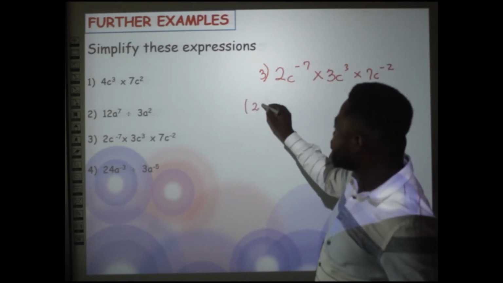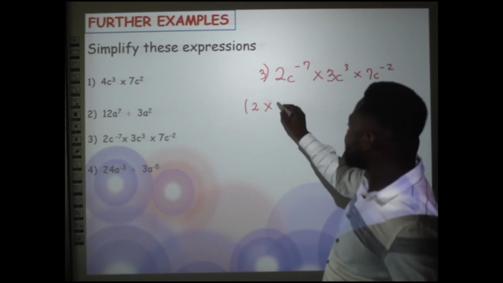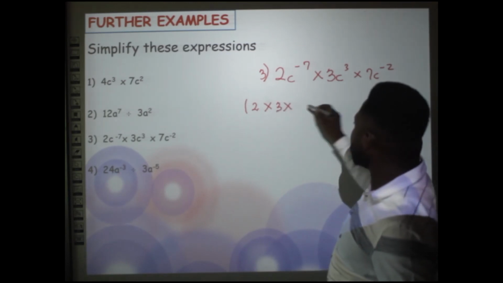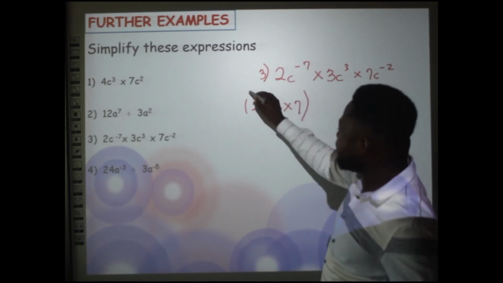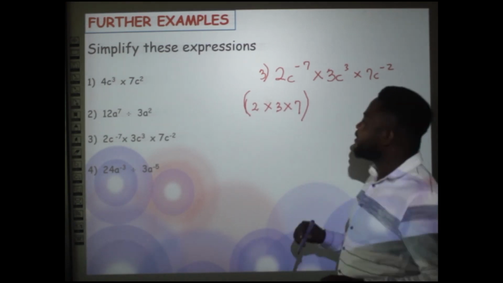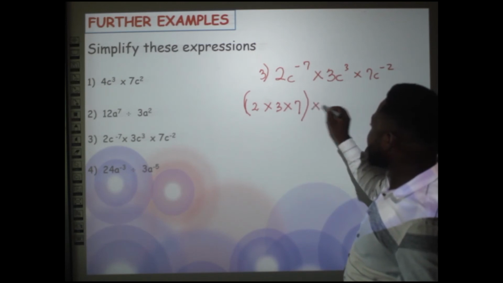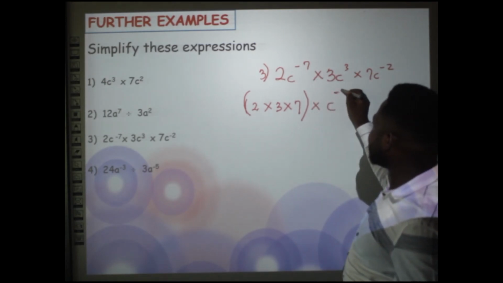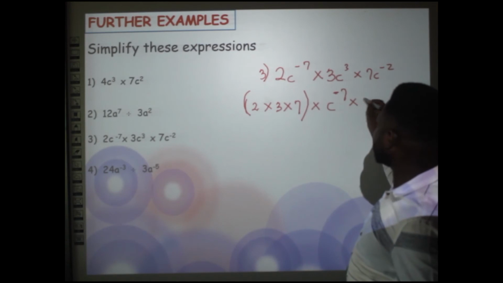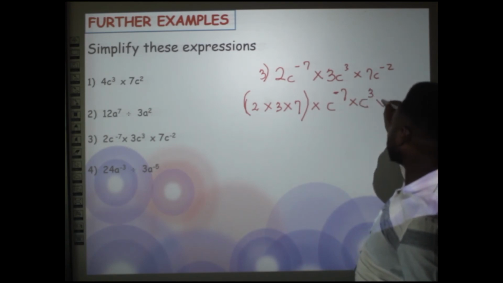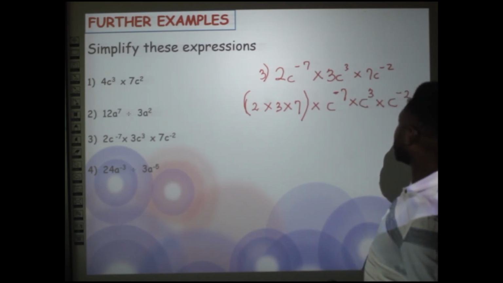That will be 2 times 3 times what? 7. When you separate the numbers, right? Then you bring out the indices. That will be multiplied by c raised to the power minus 7 times c raised to the power 3 times c raised to the power minus 2.